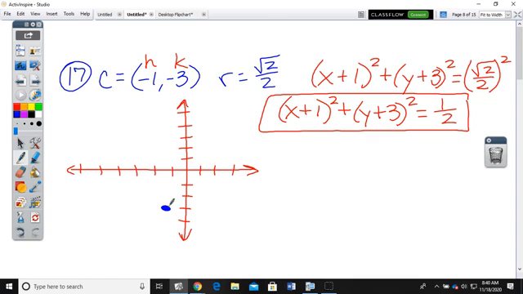I want to know what is the square root of 2 over 2, not squared. 0.77 blah blah blah, right? So I'm not even gonna go all the way. It's almost 1 up, almost 1 right, almost 1 down, and almost 1 to the left. So it's a very, very small little circle there.